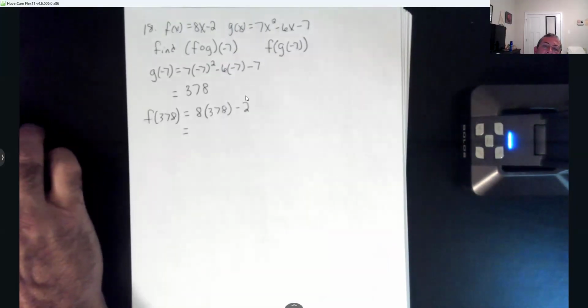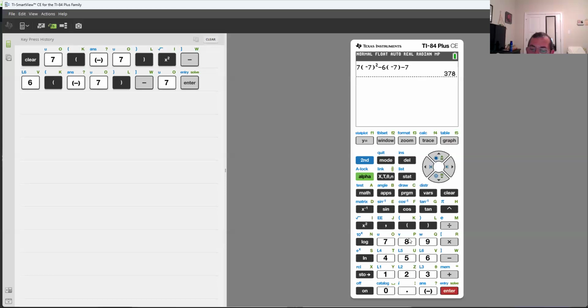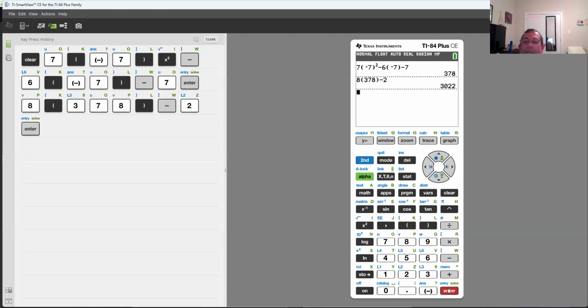All right, so guess who's multiplying that, our calculator again. So let me go back to that. So I had 8 times 378, close parentheses, minus 2. So y'all, let's see what we get. We end up with 3,022.